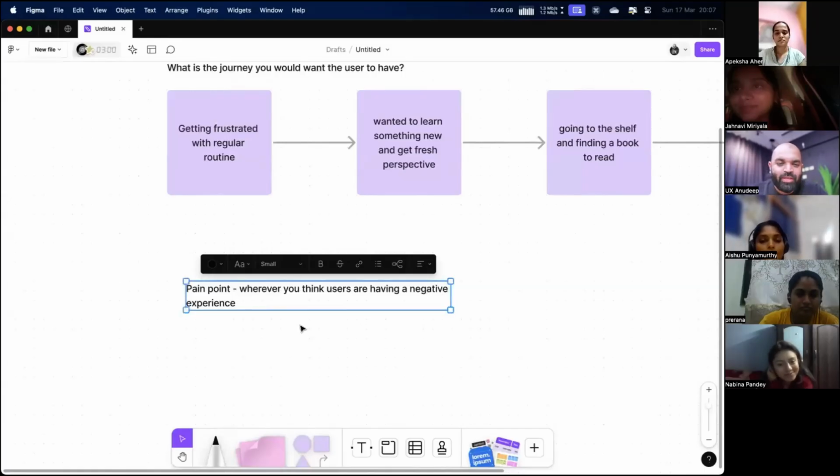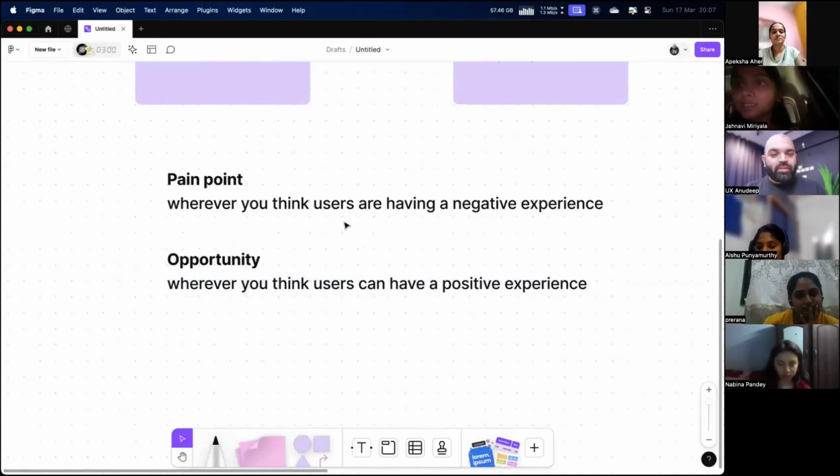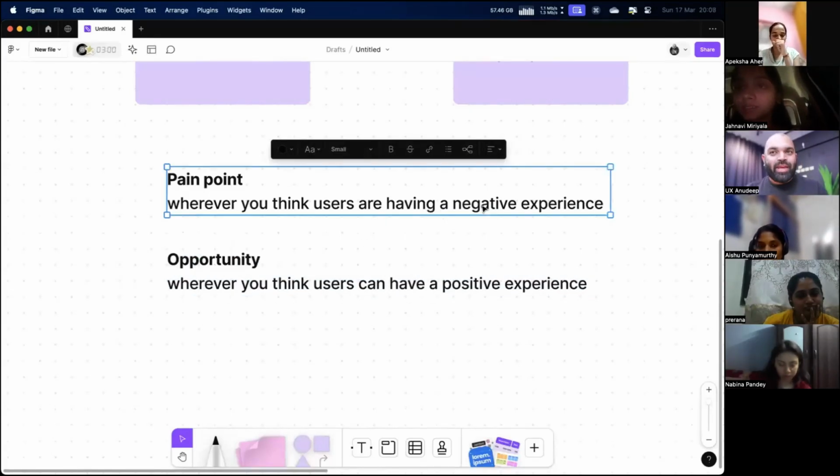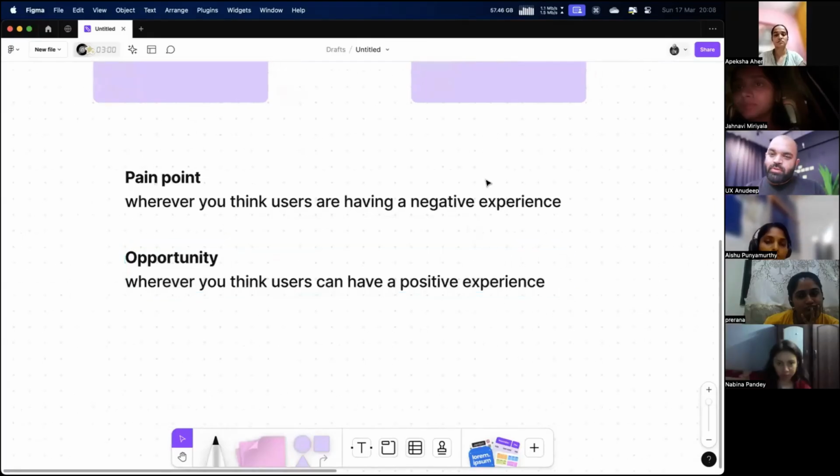Negative. That's a pain point. Correct? Okay. And what is an opportunity here? Where do you think the users are having a negative experience or can have a negative experience? And where do you think you can provide a positive experience? Negative experiences, they can get distracted by some notification from the phone. Correct. So how do you define a negative and a positive experience?